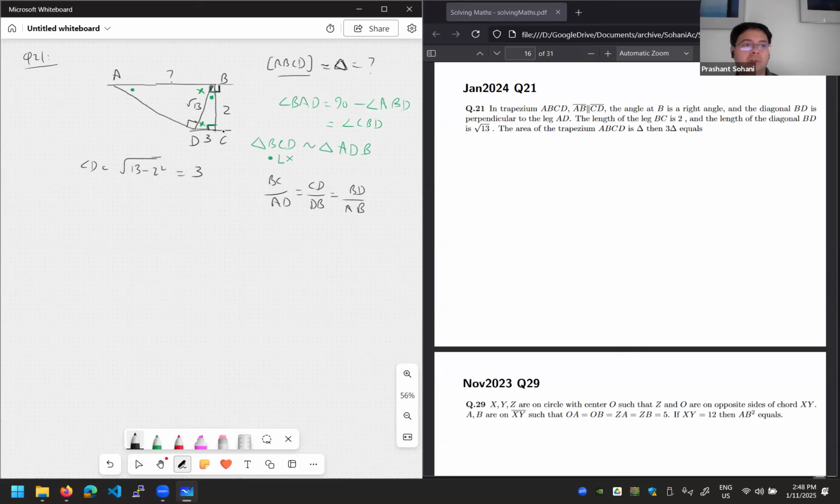So for that, I need the length of the parallel sides and the height. So I'm only interested in AB. If I take these two terms and equate them, then I have all the information. So I'm going to get AB is equal to BD into DB upon CD. So I can just calculate that.